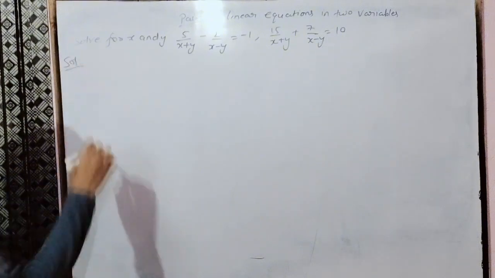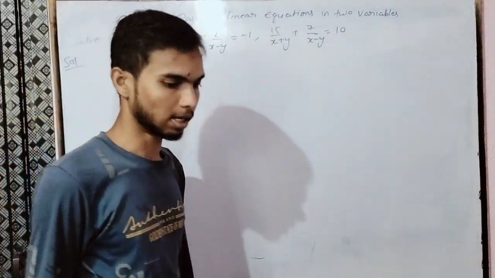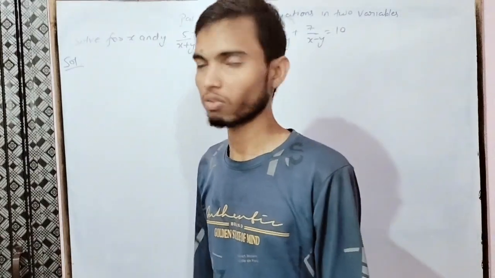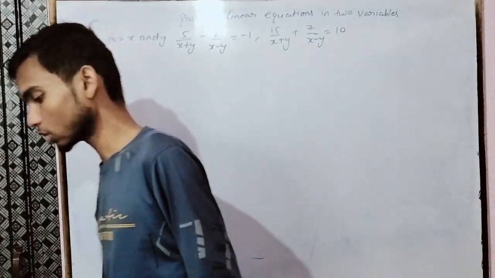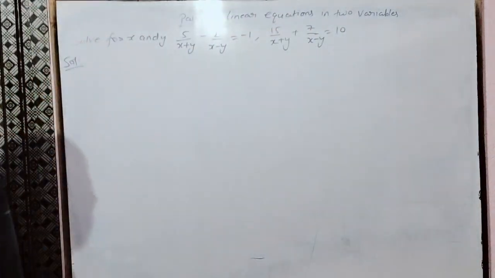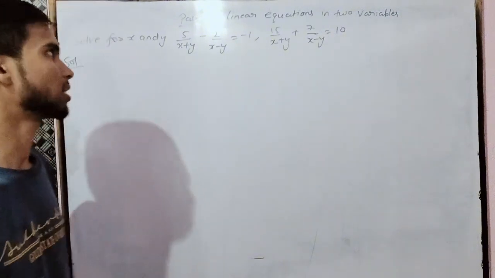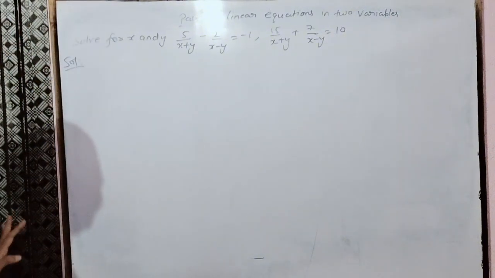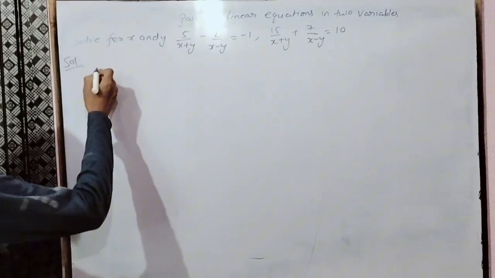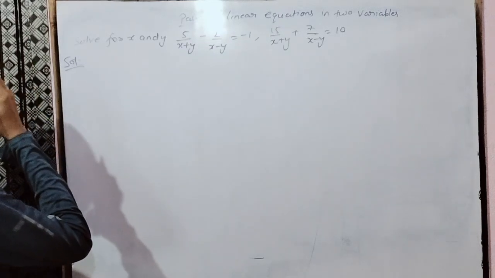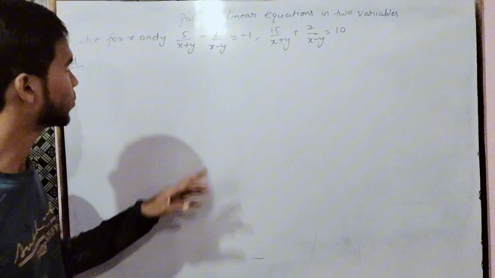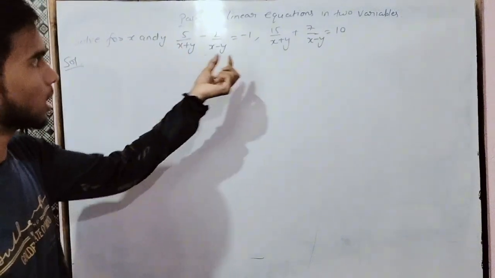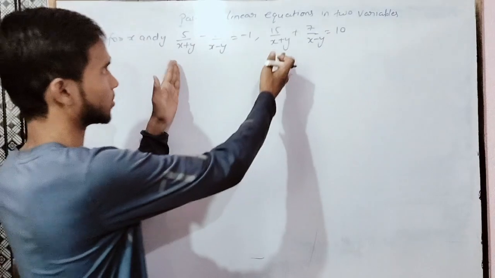So how to solve this type of question? It seems that it is very hard, but after understanding step by step, you will feel that it is not that difficult. So here you can observe, this and this are both the same.